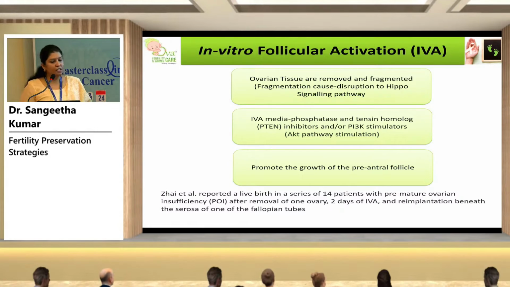This study was done in premature ovarian insufficiency, and a live birth also resulted. So this can be extrapolated to cancer patients, to elderly patients who require their own biological kit, or to pubertal females where we have frozen the ovarian tissues.